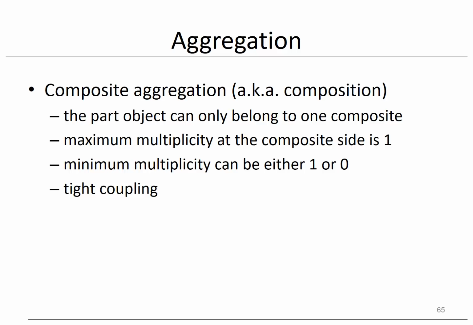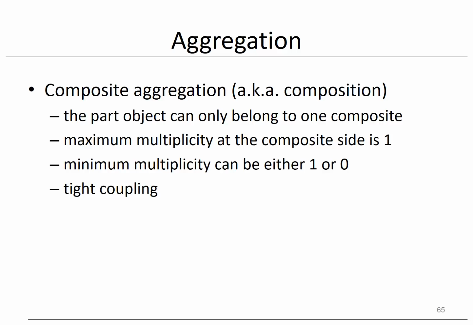In composite aggregation or composition, the part object can only belong to one composite. The maximum multiplicity at the composite side is 1. According to the original UML standard, the minimum multiplicity can be either 1 or 0. A minimum cardinality of 0 can occur in case the part can belong to another composite.